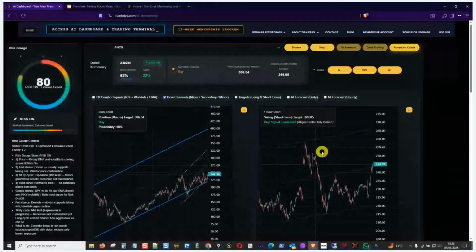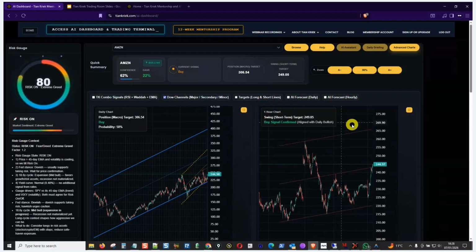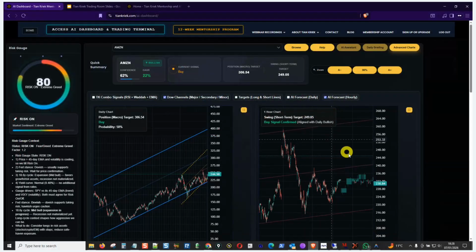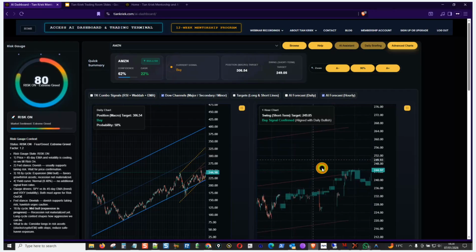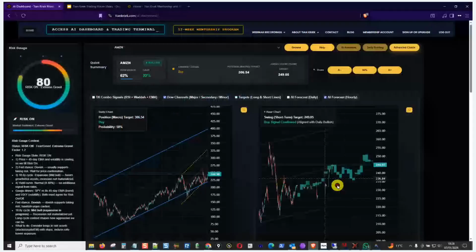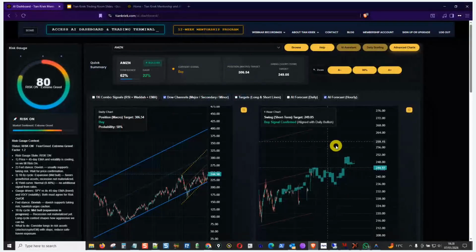All right. And I can see, for instance, I can click on the AI forecast for the hourly, and it will project candlesticks into the future of what we can expect from Amazon. All right. And again, this is for any symbol.